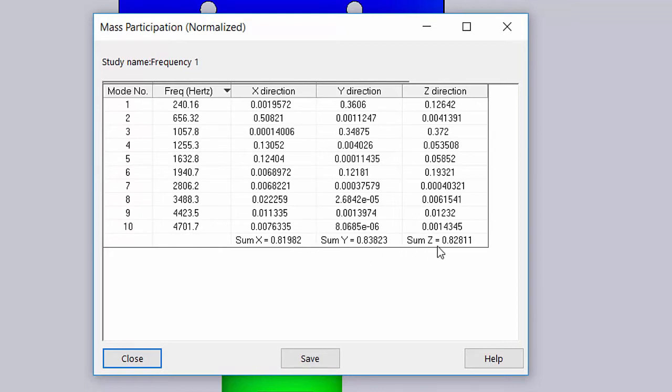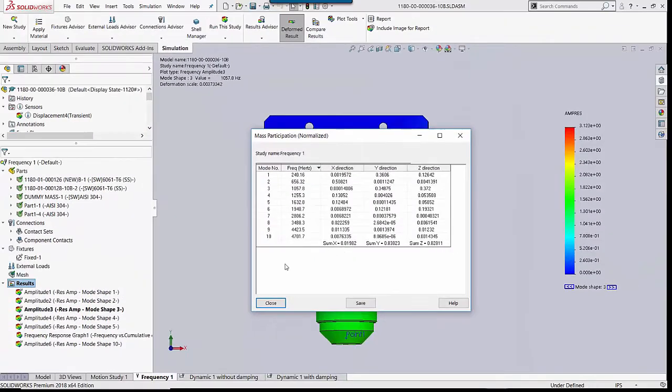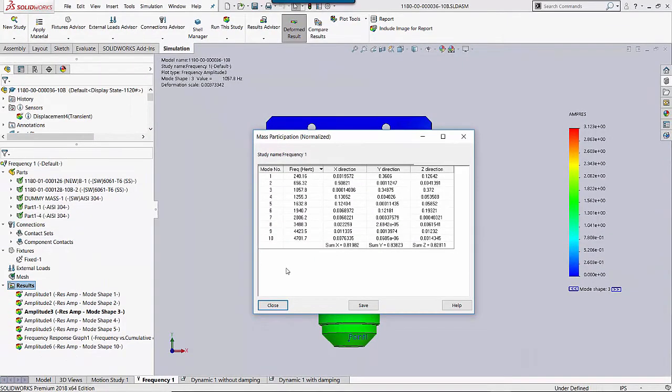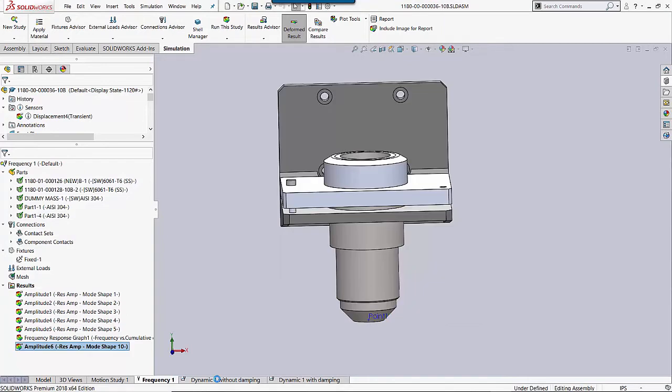In this case, all the axes are above 80% at 10 natural frequencies, so I'm not going to need to add any more natural frequencies. If they were below 80%, then I would need to keep on adding natural frequencies until I got them above 80%. Once you have those covered, and you know how many frequencies you need to get 80% mass participation, you can move on to your linear dynamic study.